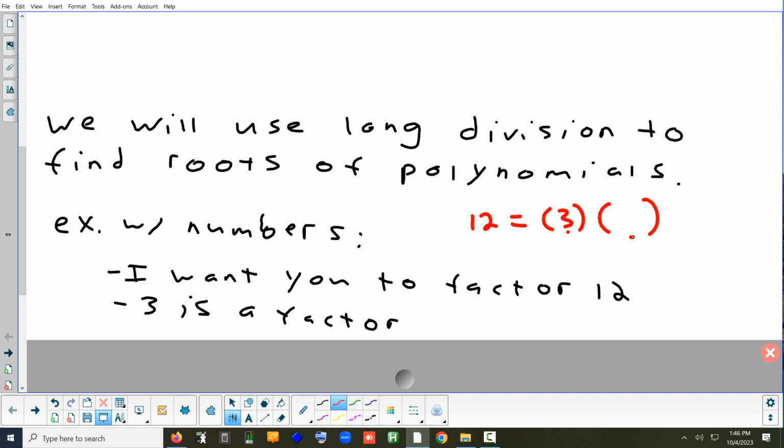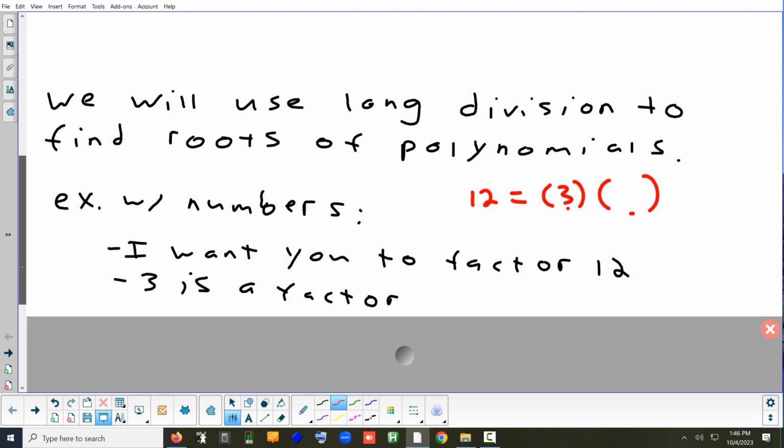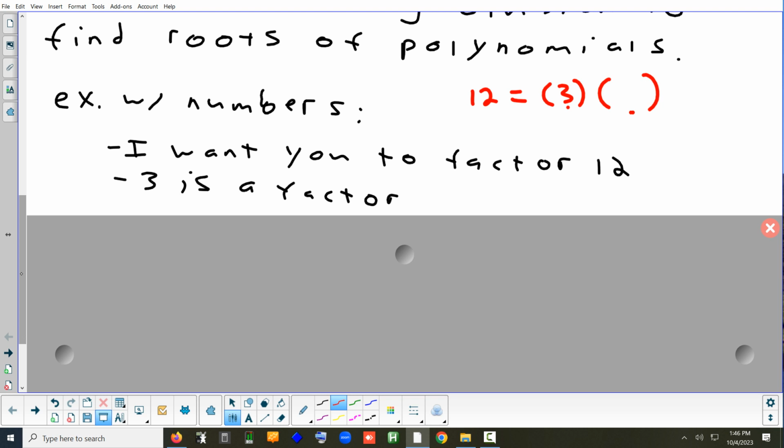This idea is going to be the same whether we do it with numbers or with letters. Divide it? Yeah, what would you divide? 12 divided by 3. Right. You're trying to factor something and you know one of the factors. You can take what you're trying to factor, divide it by the one that you know, and that'll give you the one you don't know. That's how you do it.